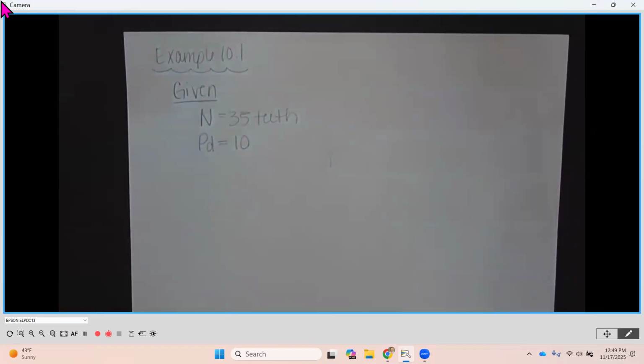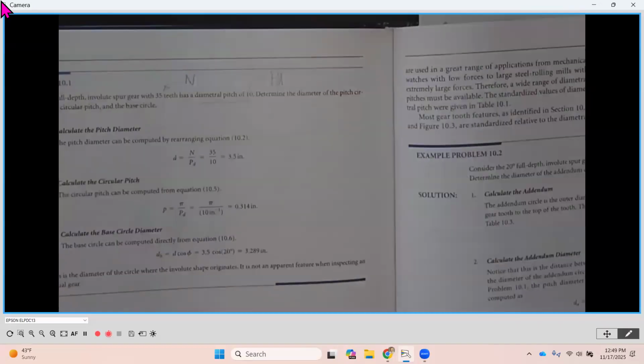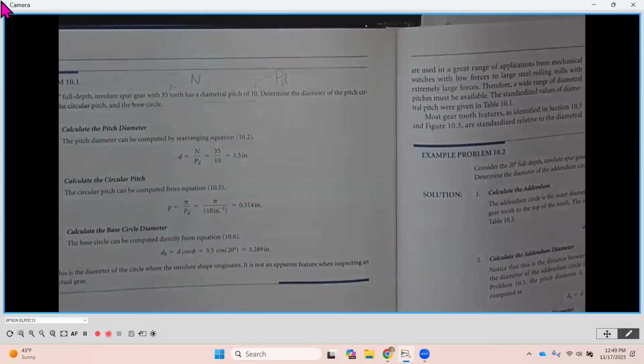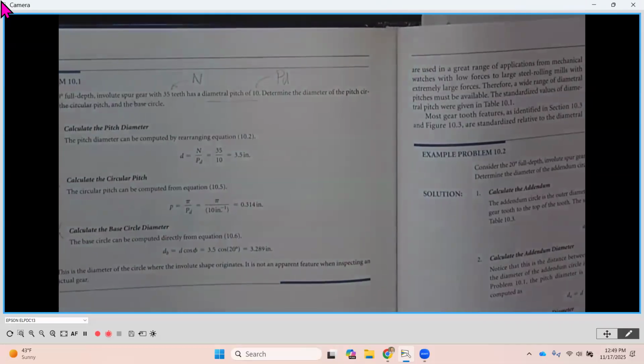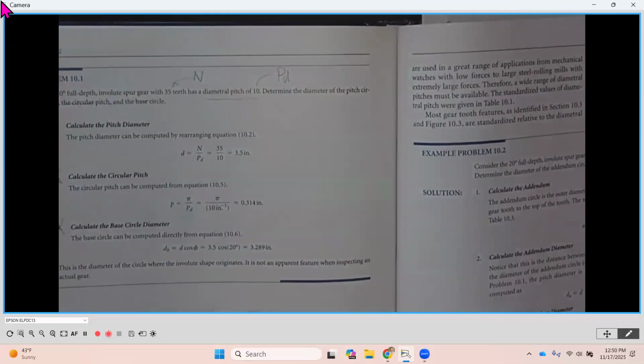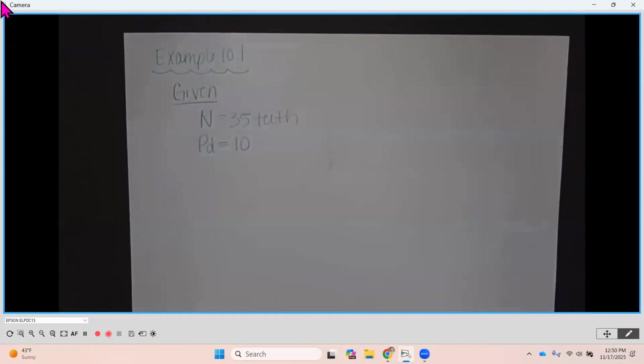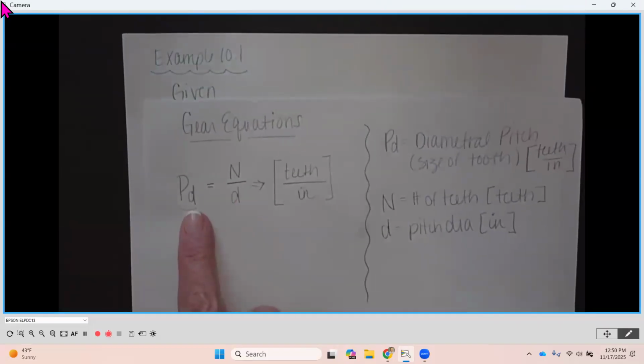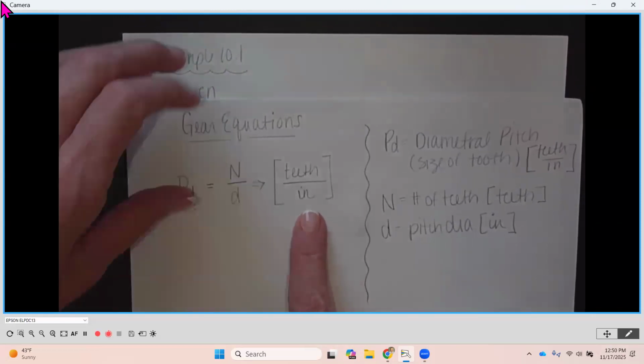Okay. Now, in our problem, it just gives the number 10. And that's how we're going to find that we're given the diametral pitch of a gear, the size of the tooth. It doesn't give any units with it, but from our equation sheet, we know that diametral pitch, when it's calculated, its units are actually teeth per inch.